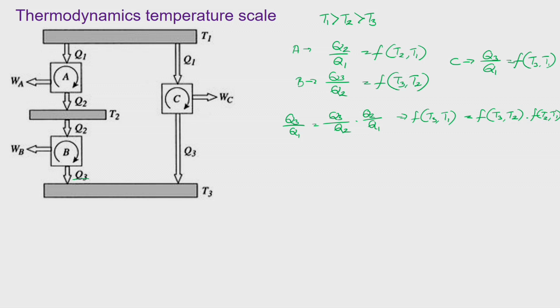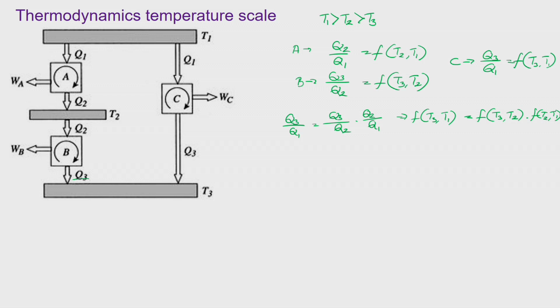Now, look at this expression quite carefully. This expression says that the left hand side is a function of only T1 and T3. However, the right hand side is a product of two functions, one a function of T3 and T2, the other a function of T2 and T1, but the left hand side is not a function of T2.